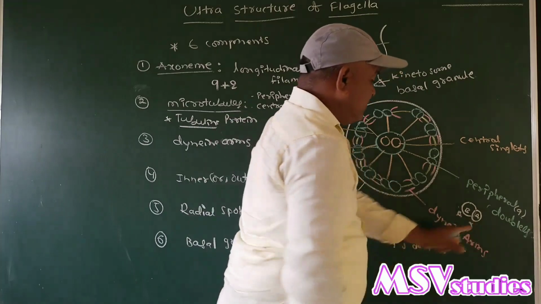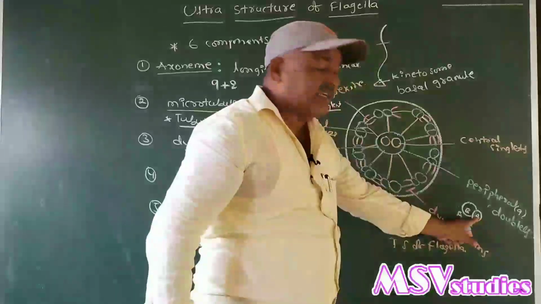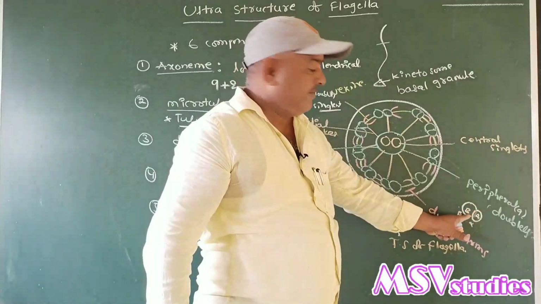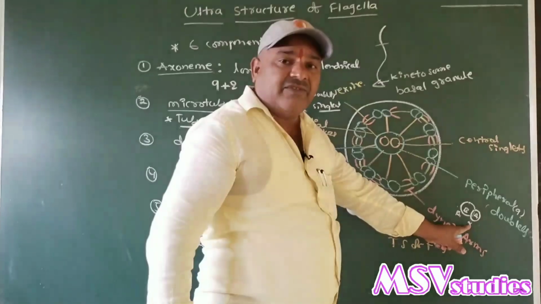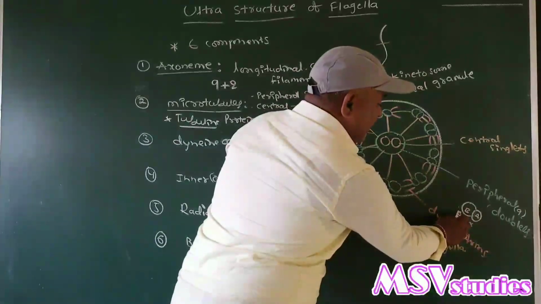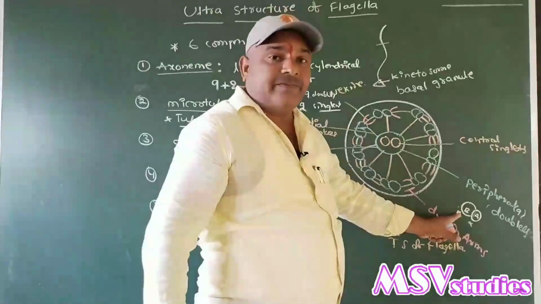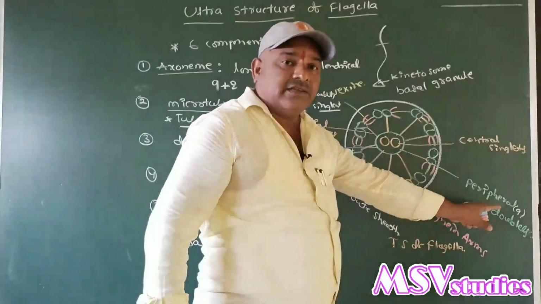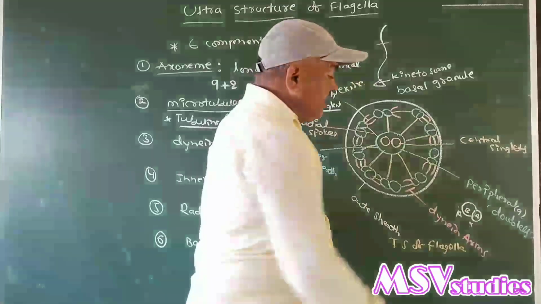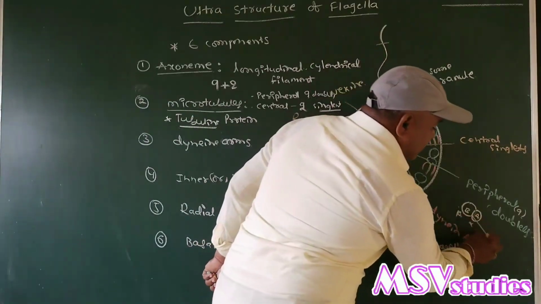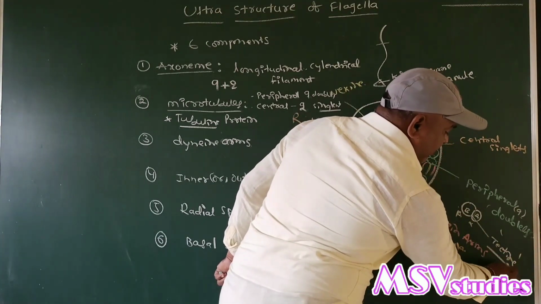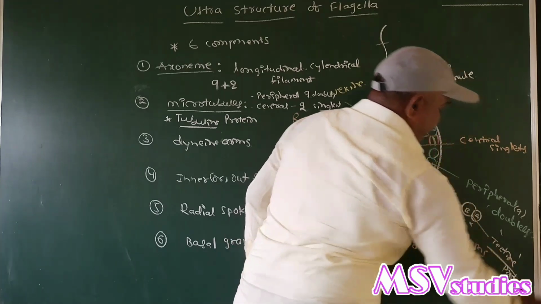A is a smaller complete circle. B is a larger incomplete circle. A is also known as the alpha microtubule, and B is known as the beta microtubule. These microtubules connect with tectin protein. Important point: tectin protein.